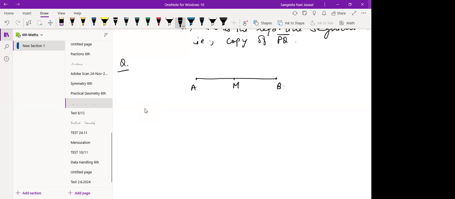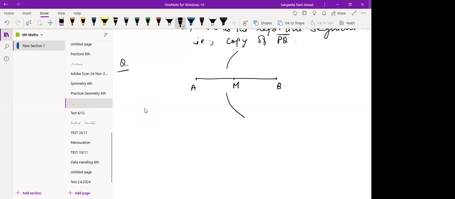Done? Just a minute. Yes, ma'am, done. Keep your pointer at B. Open the compass to more than MB and mark an arc up here.